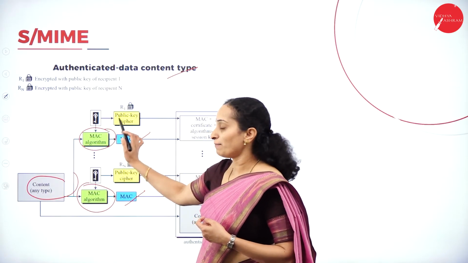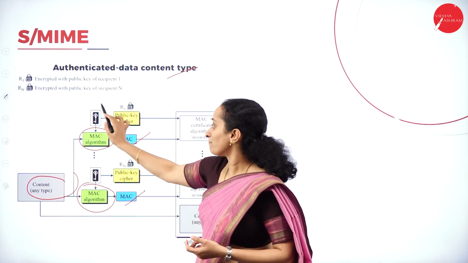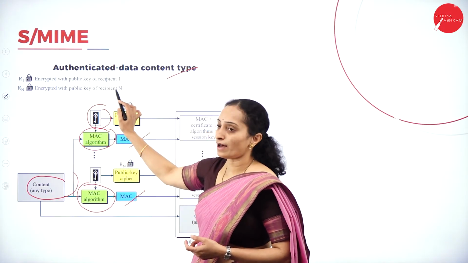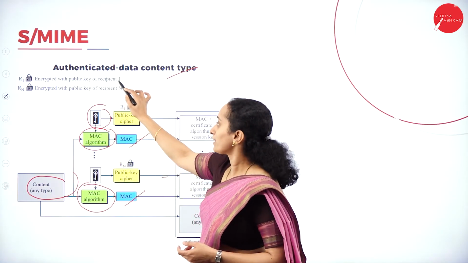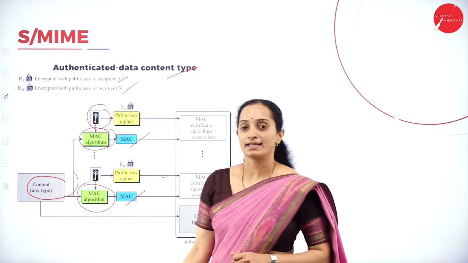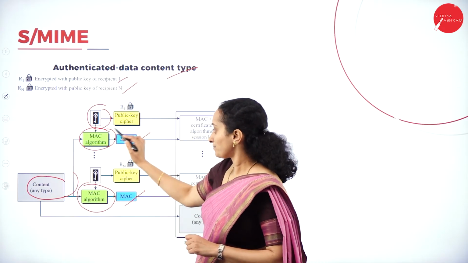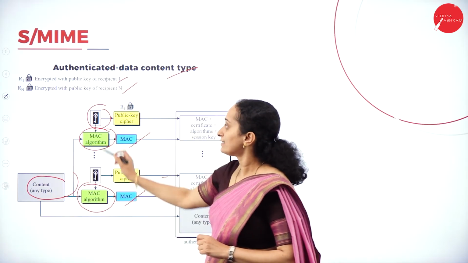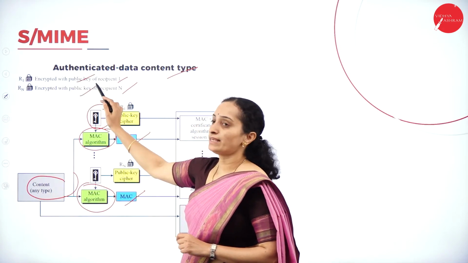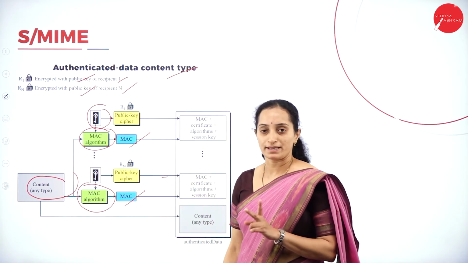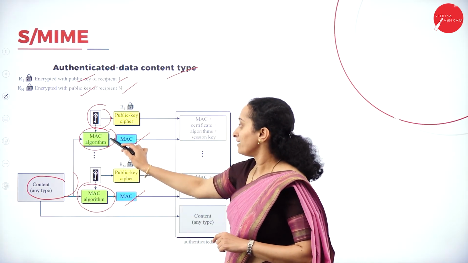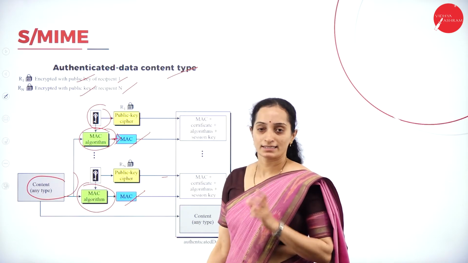This MAC data, before it is generated, is applied with the public key cipher with the recipients. If we consider 1 as a recipient and N as the recipient, each of the content is encrypted with the public key of the two recipients, 1 and N, and we will get a MAC content.